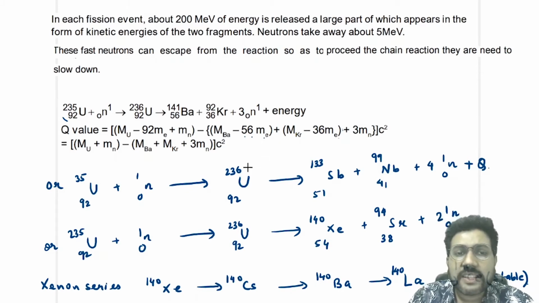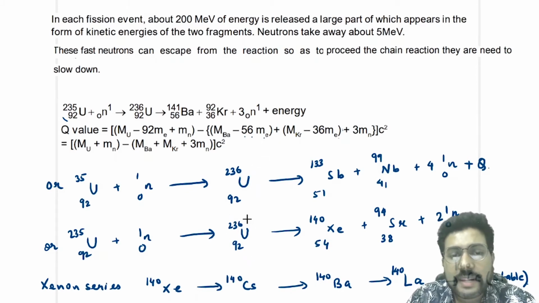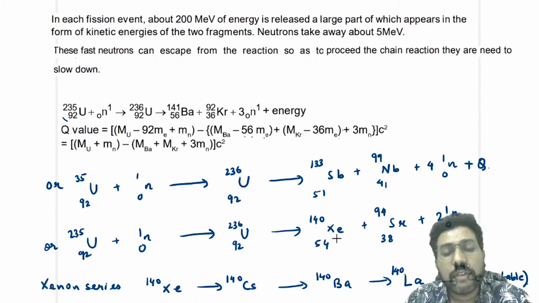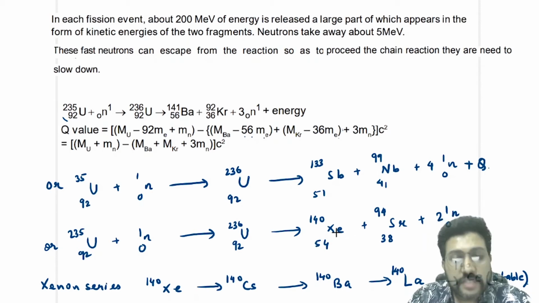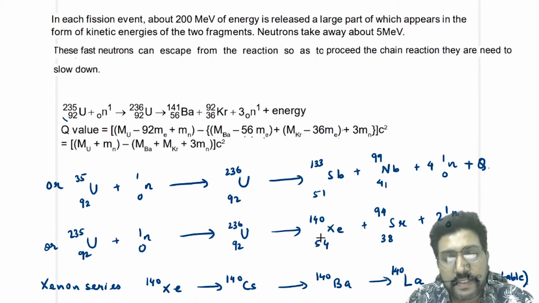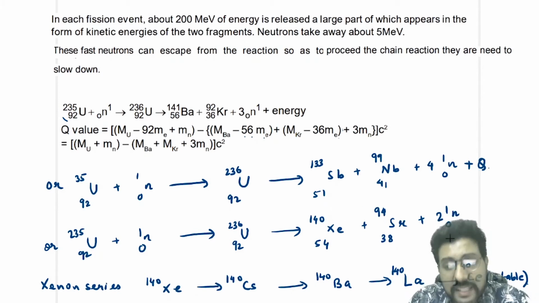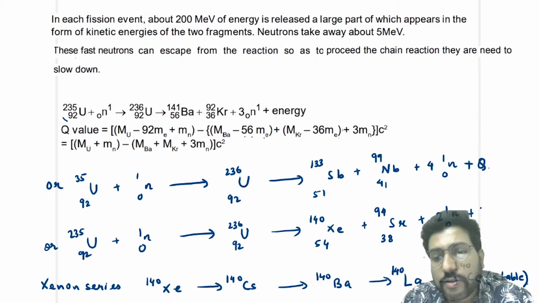One more reaction that we can write here is, once uranium-236 is formed, it might convert to xenon and strontium. Okay, xenon has an atomic number of 54 and strontium has an atomic number of 38. This mass number again can vary. In this reaction that we have written, 2 neutrons are released.